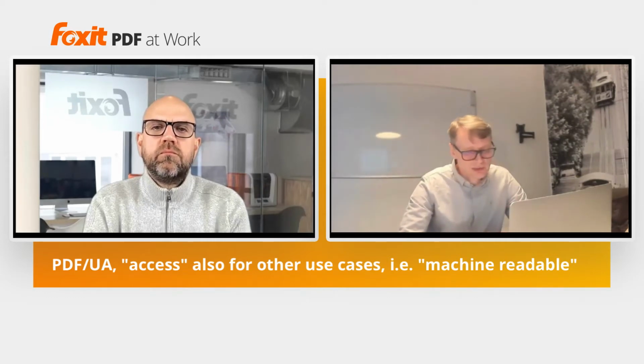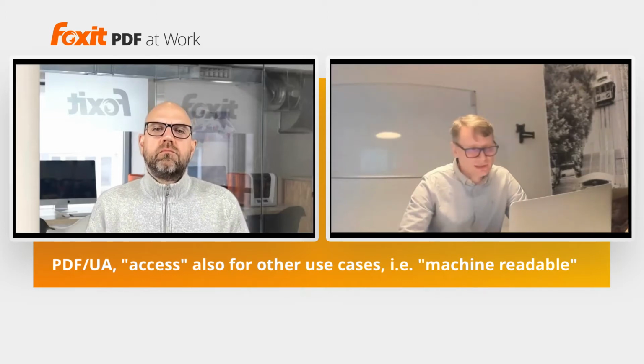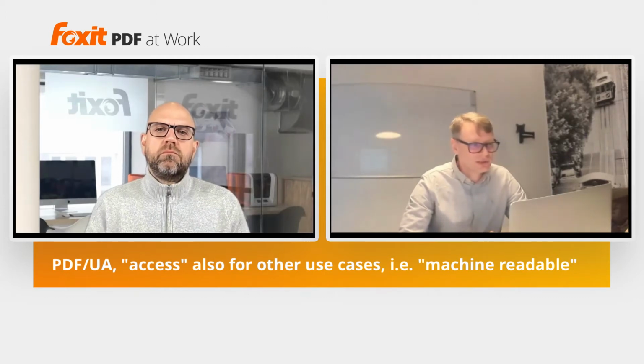So it's not only about accessibility for people with disabilities, it's also about automated systems, about AIs, about interoperability, about accessing the content equally for not everybody, for anyone, anything, whoever wants to access the content.